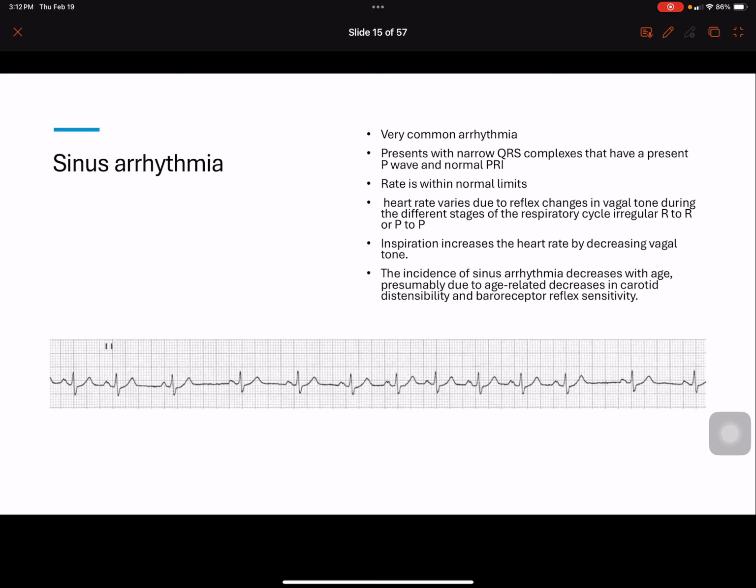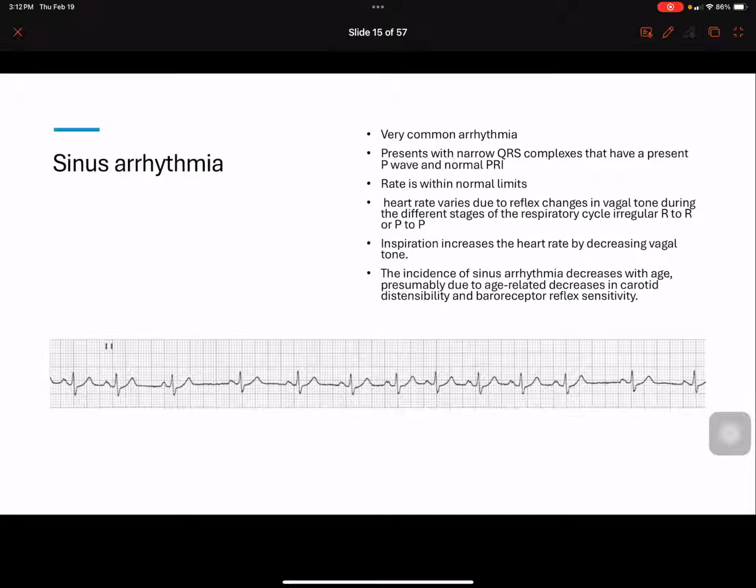So as you breathe in, it causes a vagal stimulus and it slows that heart rate down. And then as you exhale, that changes that vagal stimulus, and we can see an increase in heart rate. And so with that respiratory cycle, you get this waxing and waning of the heart rate.